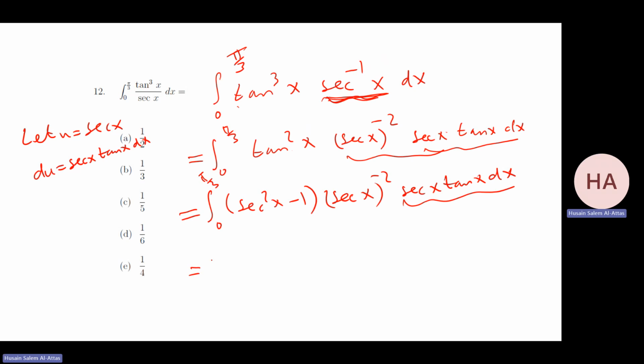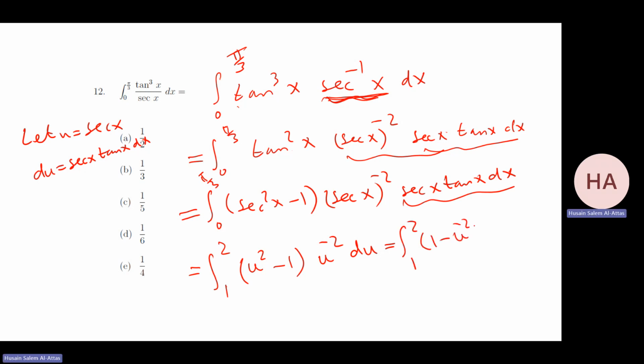So I change everything to u. Secant 0 is 1. Secant pi over 3 is 2. That will be u squared minus 1, times u to the power minus 2, du, from 1 to 2.